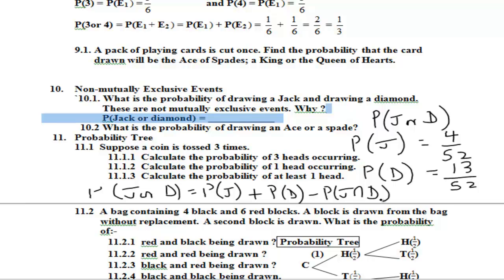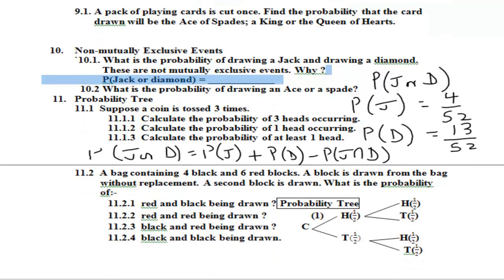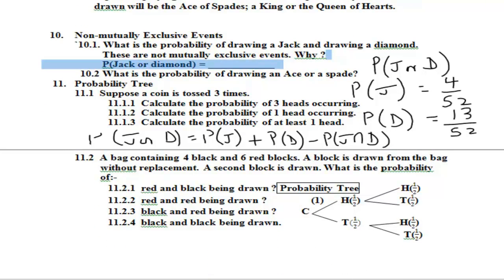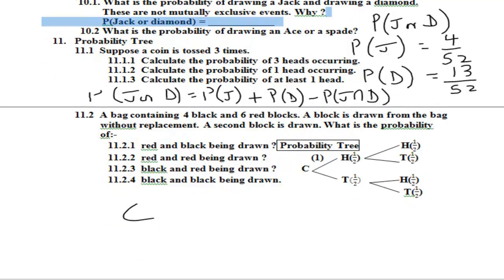And then finally the probability tree. I'm going to just deviate slightly from this problem here and say let's assume we are tossing a coin, and we want to toss a coin twice, and then we will ask the question. When you toss a coin, you've got two outcomes. One is head and the other is a tail.